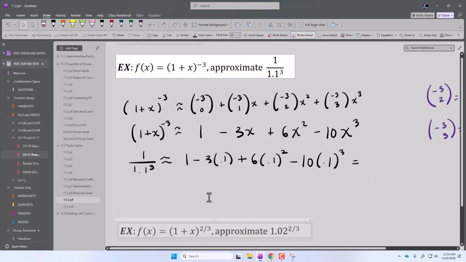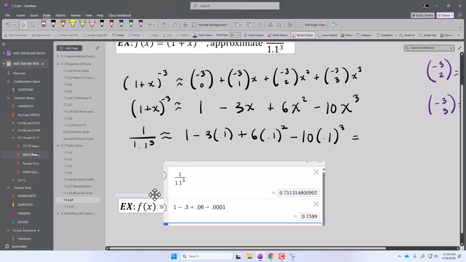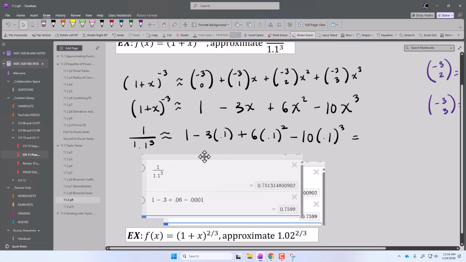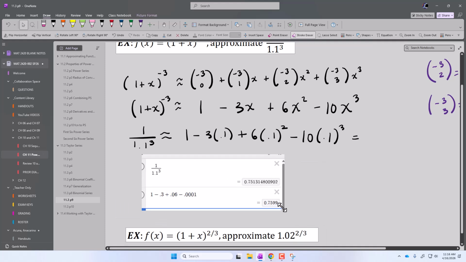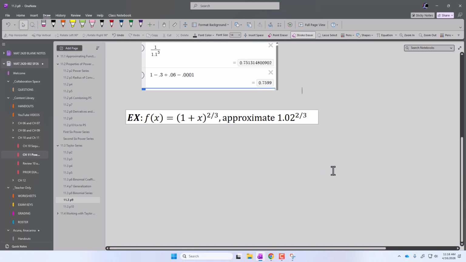Yeah, there was 3. Yeah, just got 0.75. All right, so that one's accurate to 2 decimal places with our 4 terms. Not quite as accurate as quickly as the last one, but not terrible.